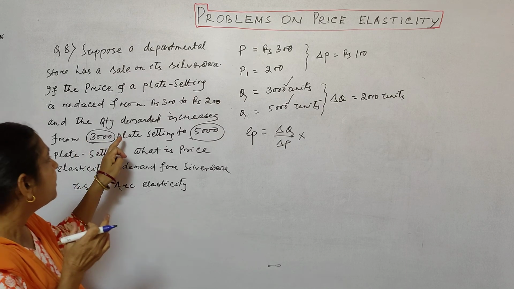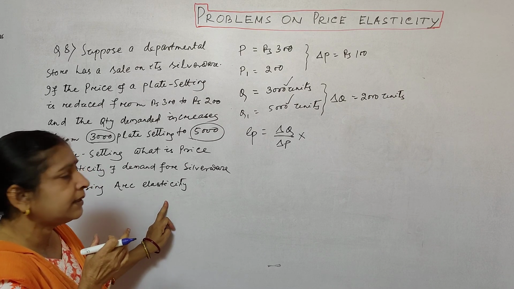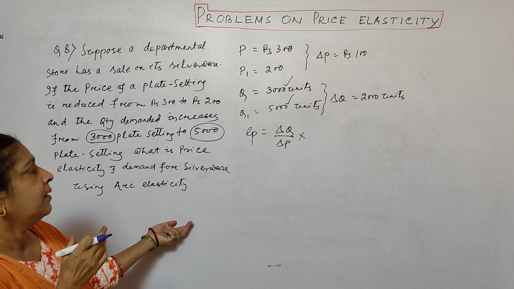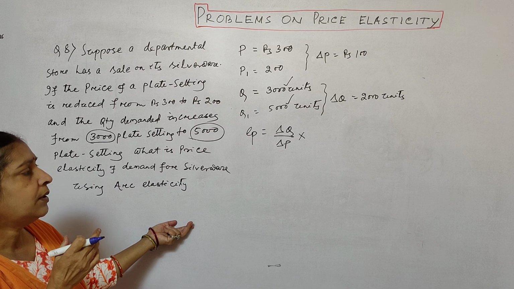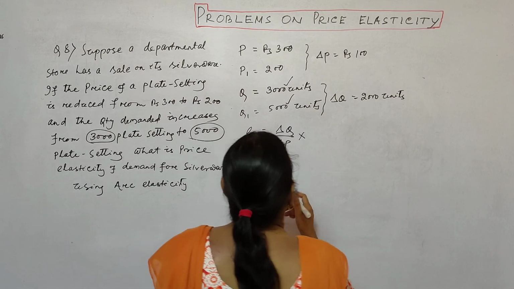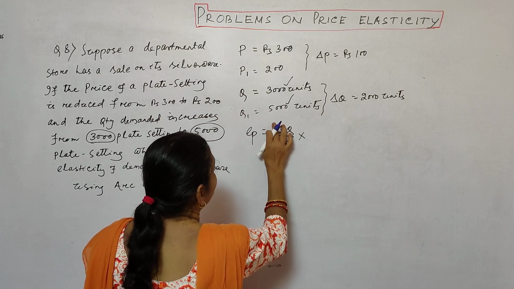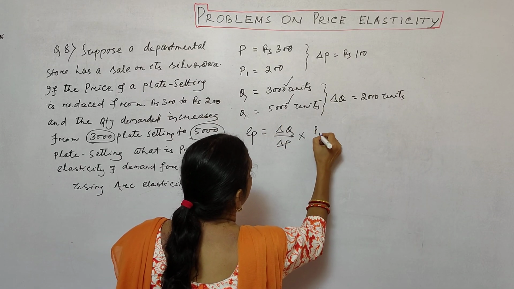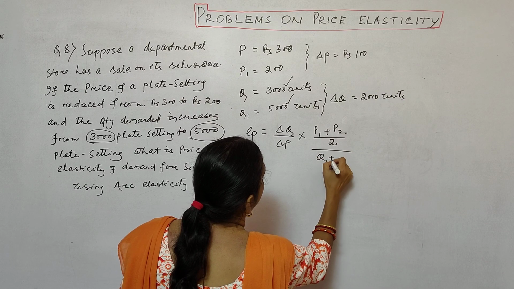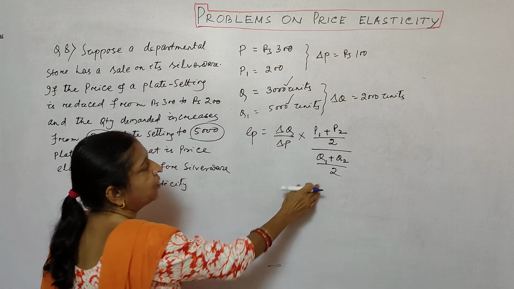Whether we take P as initial or P1 as initial, or whether we take Q as initial quantity or Q1 as initial quantity, is ambiguous. So to solve this, we have to take the average of the 2 prices and the average of the 2 quantities. So the EP formula will be delta Q by delta P into (P1 plus P2) by 2 divided by (Q1 plus Q2) by 2, the average of the price and the average of the quantity.